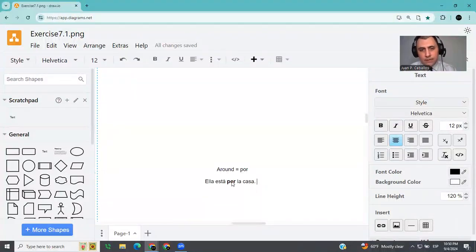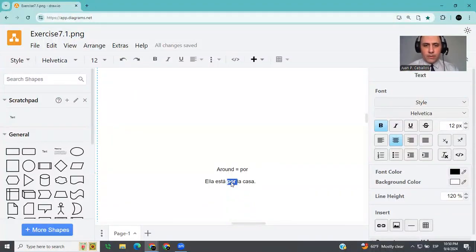Now, in this case, around can be translated as por. So remember that there are many ways to say the same thing, both in English and Spanish.